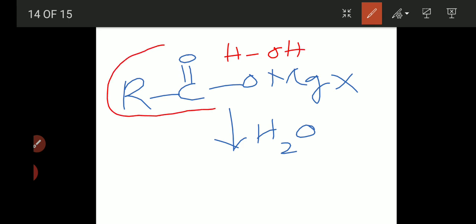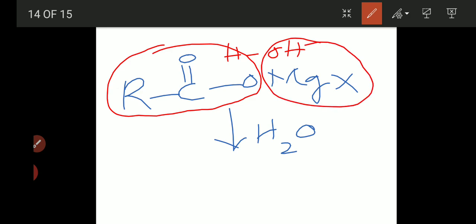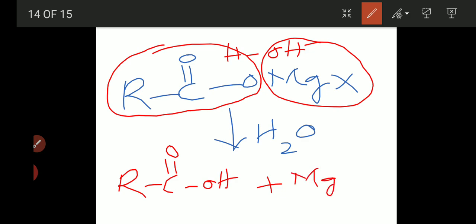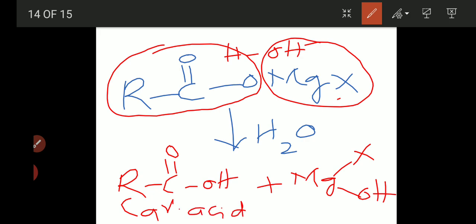So cut these two parts and cut these two parts. So what is the left side part? RCOOH, carboxylic acid, plus Mg is already bonded with X and new bond with OH. So MgXOH. So this is our carboxylic acid. This way the intermediate addition product has converted into carboxylic acid by hydrolysis.